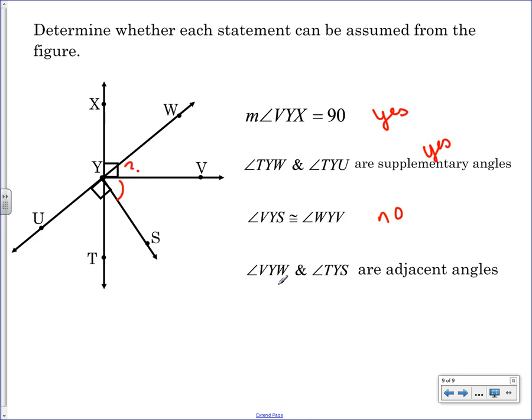Angle VYW and TYS are adjacent angles. So VYW is this one here already, and TYS is this one here. Are they adjacent? No, right? VYW and VYS are adjacent, but the two that they asked us about are not.